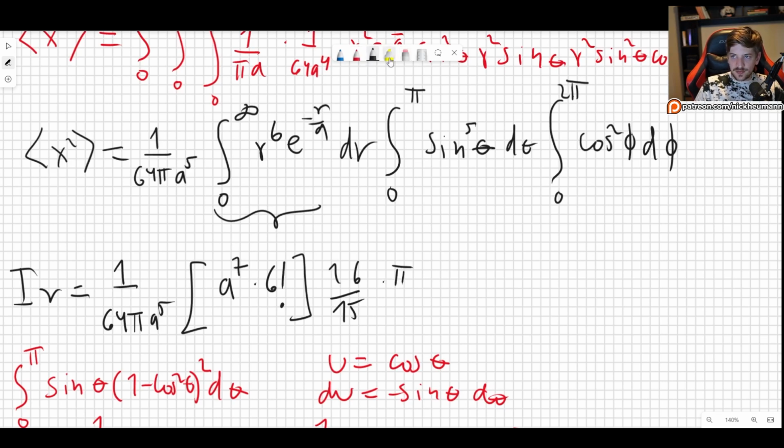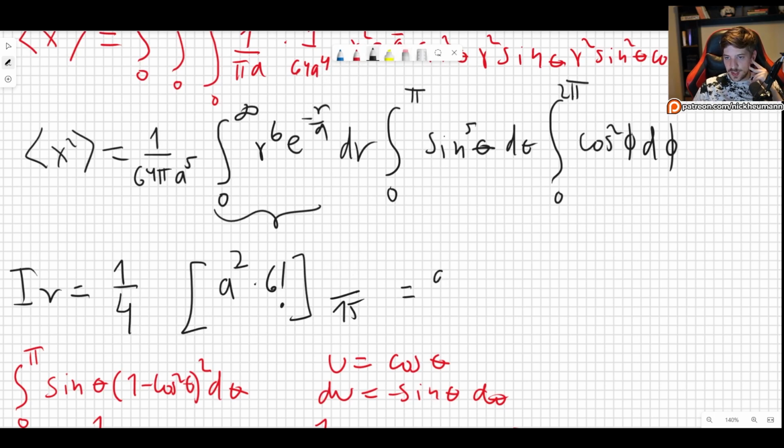So now we can simplify a few things. So of course, this pi will cancel out with this. We have a to the 5th and a to the 7th, so that is simply a squared. And then we have, well, a lot of numbers, so 16 and 64. So 16 times 4 is 64, so this is 1/4.